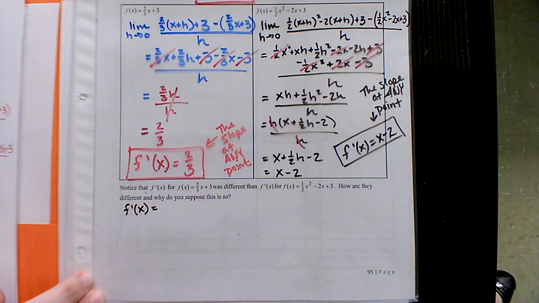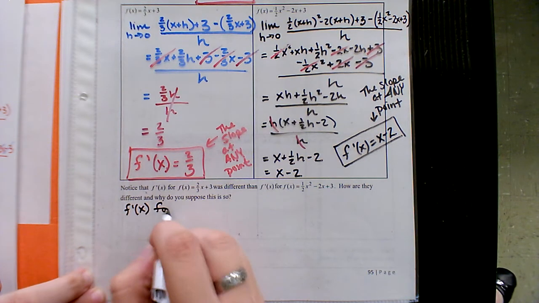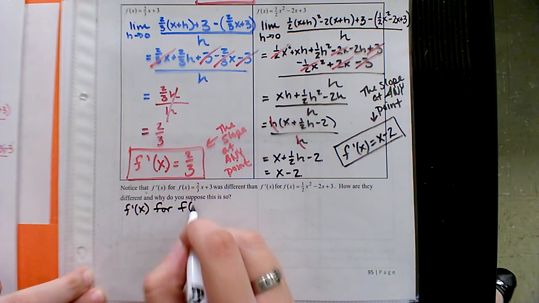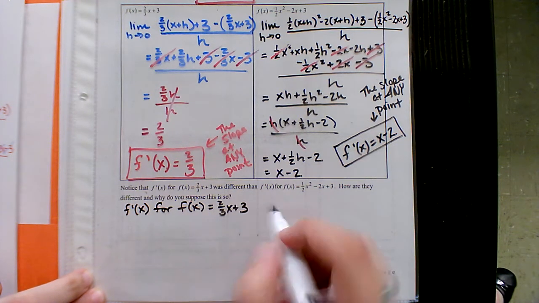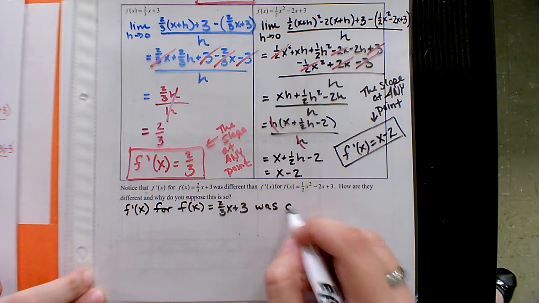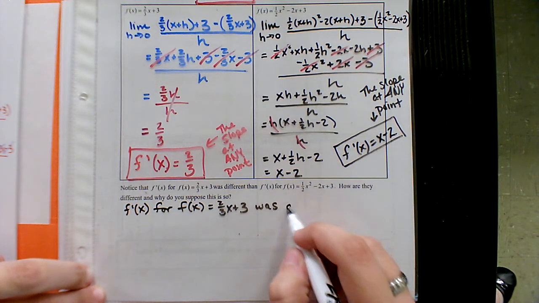Constant. So the derivative for the function of 2/3 x plus 3 was a constant function.